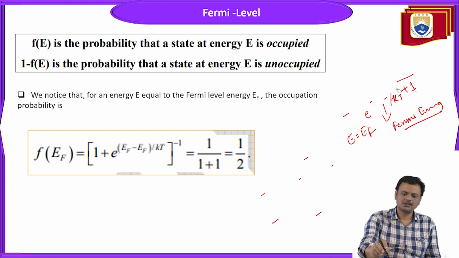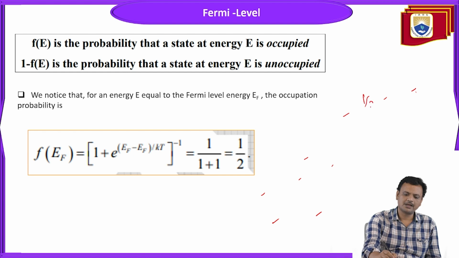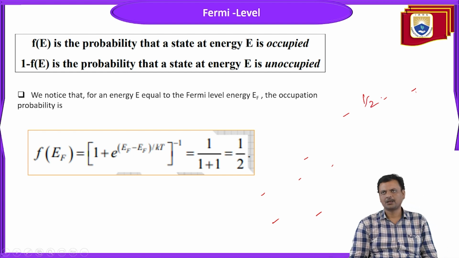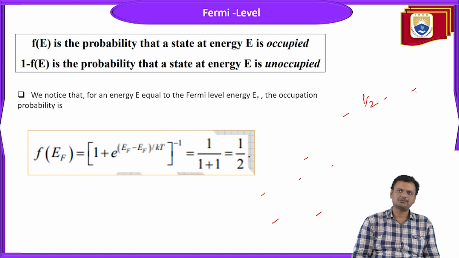The Fermi level is that level where the probability for occupancy is 1 by 2. Means there is a 50-50 percent chance that that particular level will be occupied by any particle; in the case of a solid, that level will be occupied by an electron. So the Fermi level is that energy level where the chance for occupancy is 1 by 2.